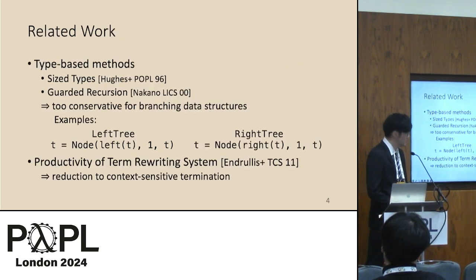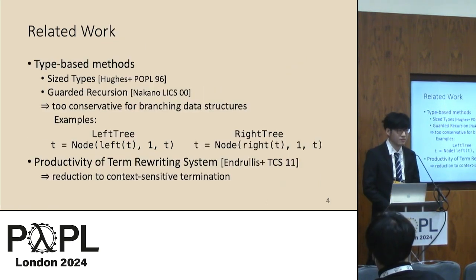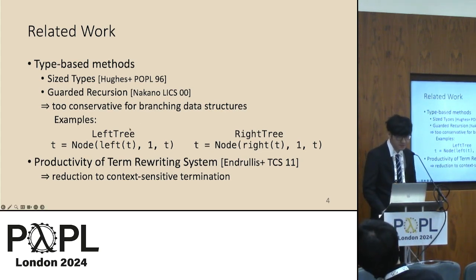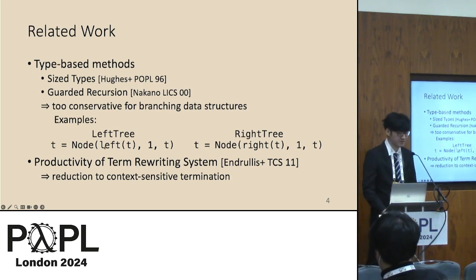Let me discuss some related work. One of the main approaches for productivity verification was type-based. The type-based method counts the number of constructors and destructors. For example, the leftT inside the definition of the left tree is applied one destructor left and one constructor node.